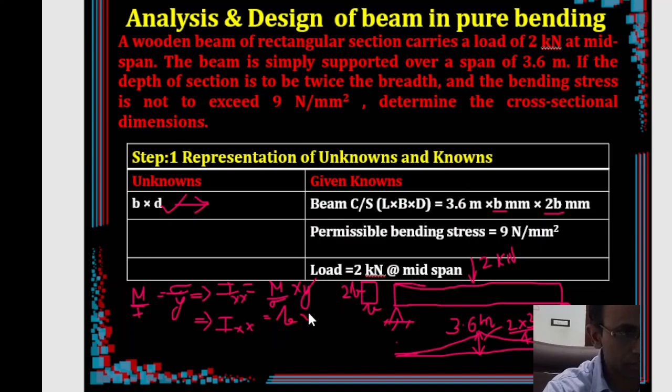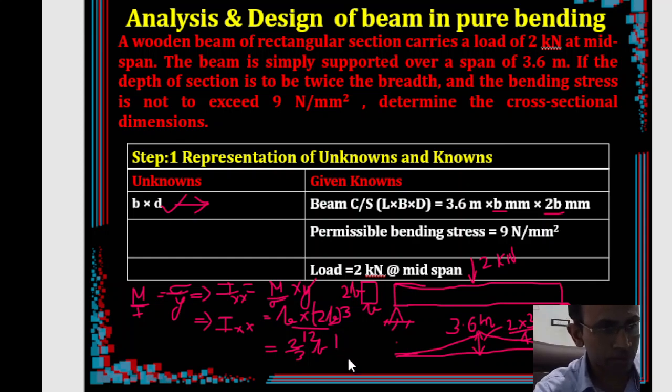That is what we are supposed to find, and depth is 2b, because he told twice the width, right? So b times (2b) cubed by 12. You can simplify this. You will get 2/3 of b to the power 4, because of the fours and twelve, 2/3 of b to the power 4.